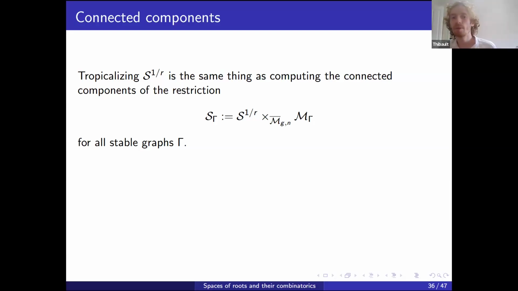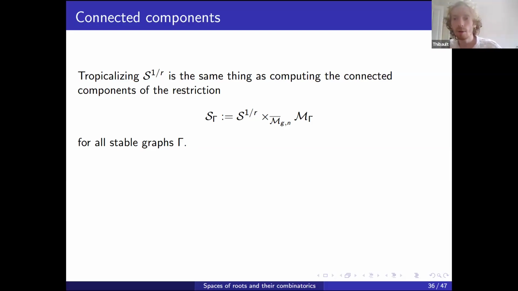So whatever my tropical objects are, they should live over tropical curves, meaning they should live over dual graphs. Meaning that the most natural way I have of trying to find my combinatorics is first take the partition of M_{g,n} bar by stable graphs, pull back that partition to the space of roots.